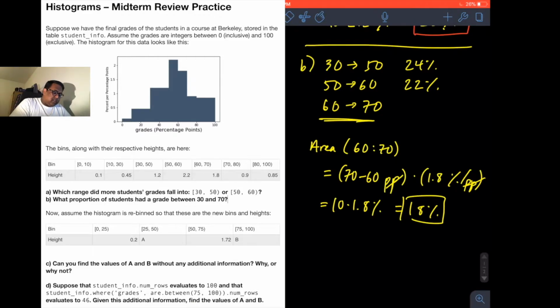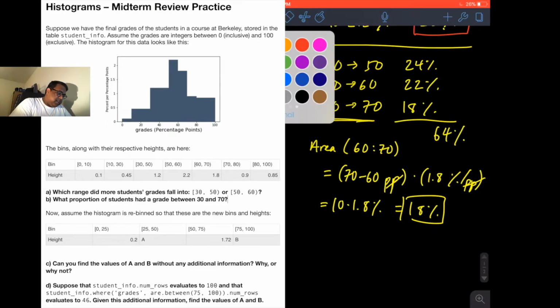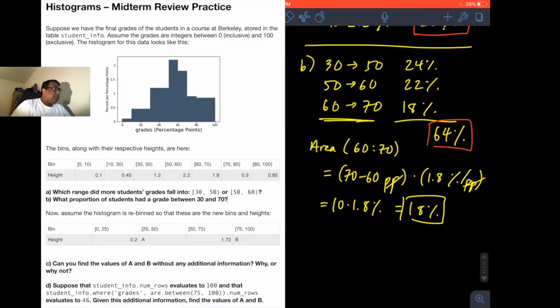And so that allows us to fill this in, 18%. And so now the sum of those values, well, 22 plus 18, that's 40. 40 plus 24 is 64. So our final answer for part B is 64. So 64% of students had a grade that was between 30 and 70.